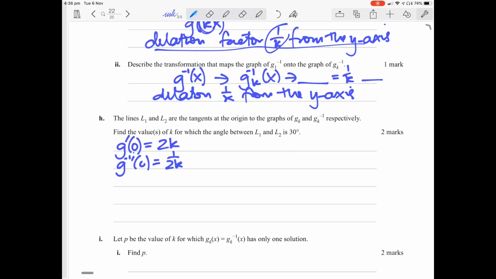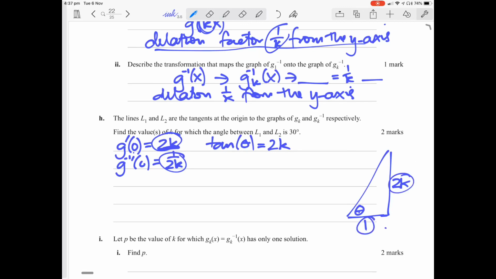Now, there's a nice thing when you have reciprocals. We know that our gradient m equals tan theta. So if I say my angle here is theta, and the gradient is 2k over 1, then tan theta is equal to 2k, because tan theta is opposite over adjacent.